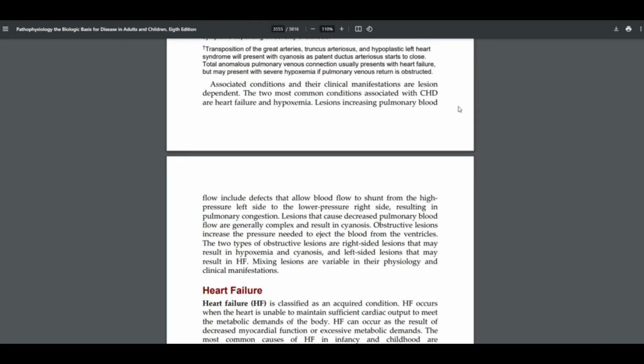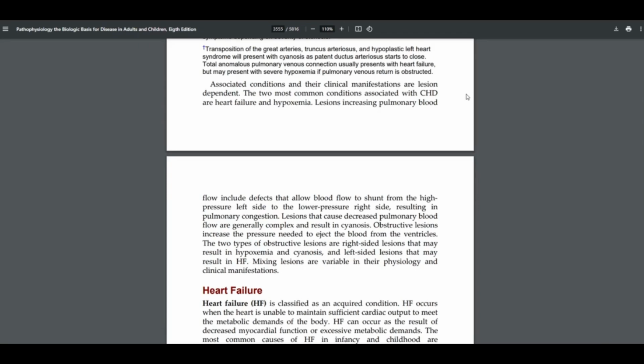Lesions that cause decreased pulmonary blood flow are generally complex and result in cyanosis. Obstructive lesions increase the pressure needed to eject blood from the ventricles. The two types of obstructive lesions are right-sided lesions that may result in hypoxemia and cyanosis, and the left-sided lesion that may result in heart failure. Mixing lesions are variable in their physiology and clinical manifestations.